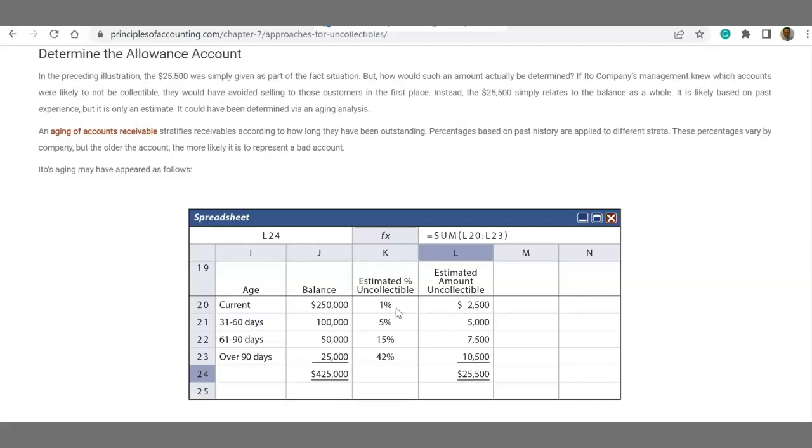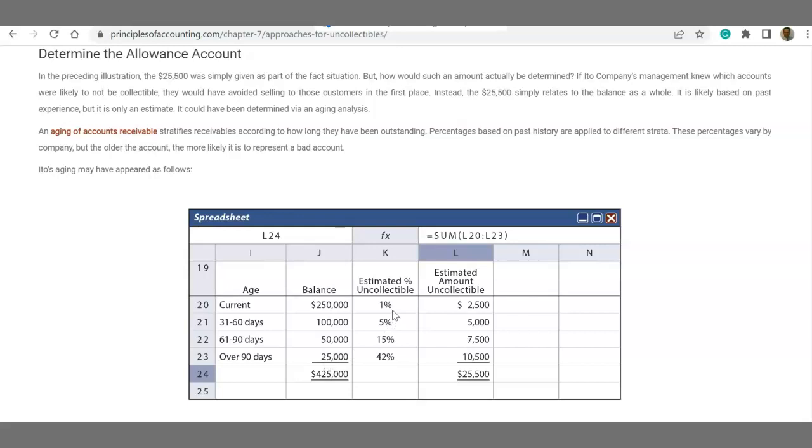And this is the percentage of aging. That means under aging, you need to say, okay, how many dollars are not late? How many dollars are late, 30 days or 60 days? How much is late between 60 to 90 days? And how much is late 90 and over?